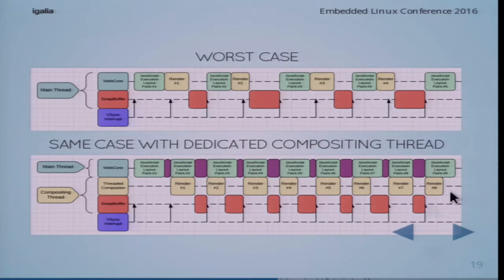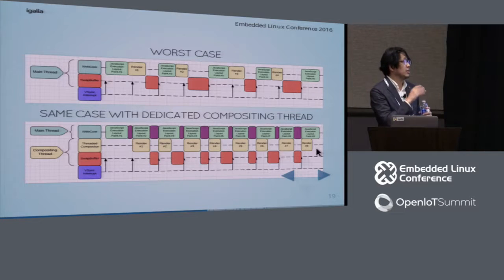We can achieve 60 FPS. We experimented with this scenario several times, and we were quite satisfied with the performance because we could get almost 60 FPS for complicated CSS animations. It was quite a nice result for us.